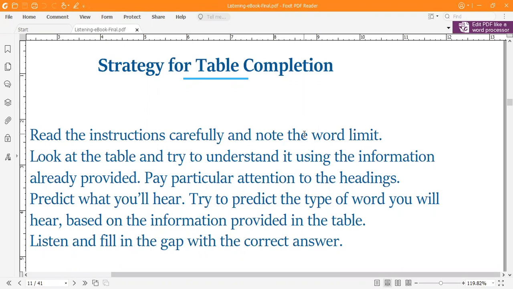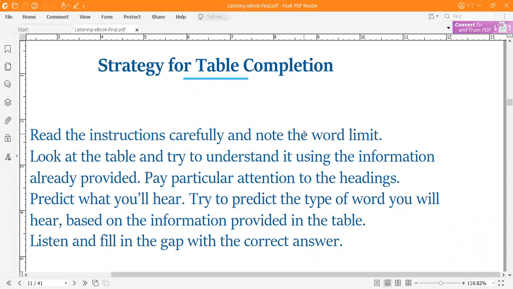And then predict what you will hear. Also try to predict the type of word you will hear based on the information. For example, the space may need a noun, verb, adjective, or adverb, and so on. So according to the space, you will know what you are being asked.